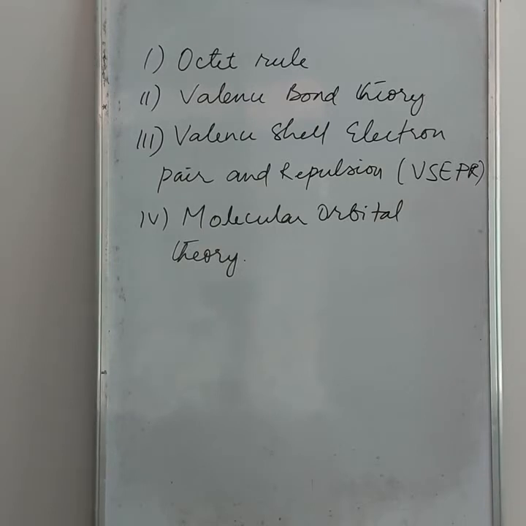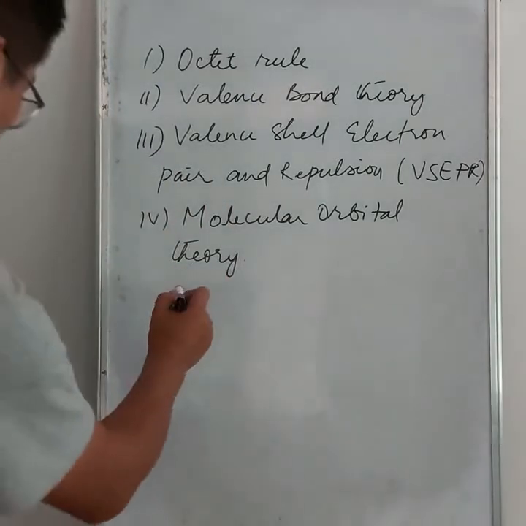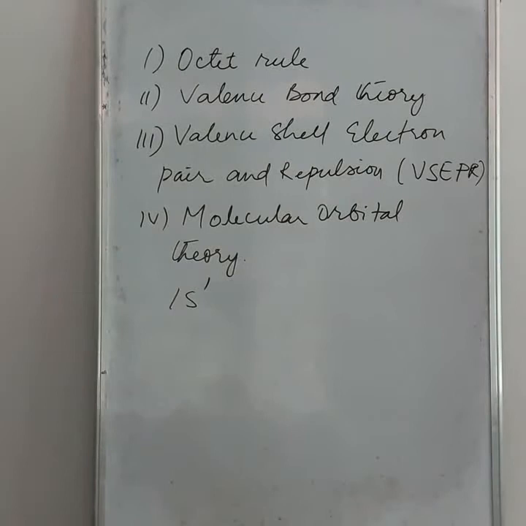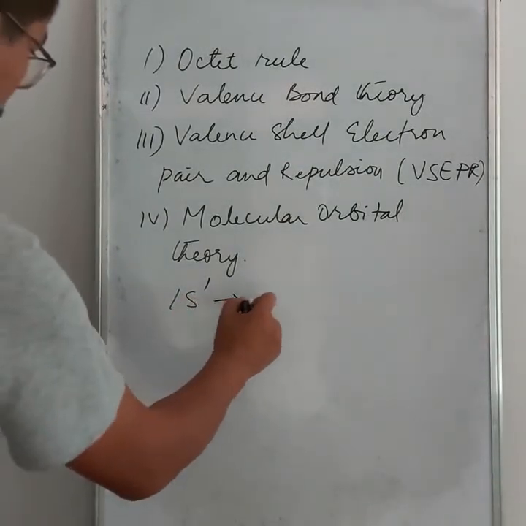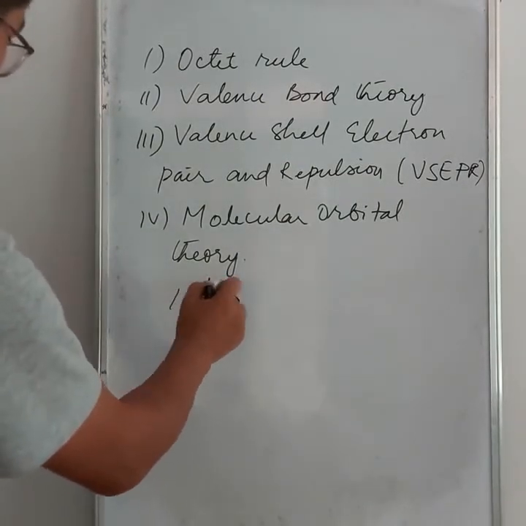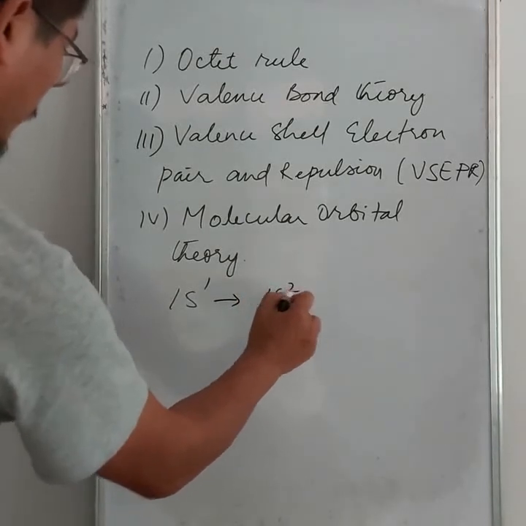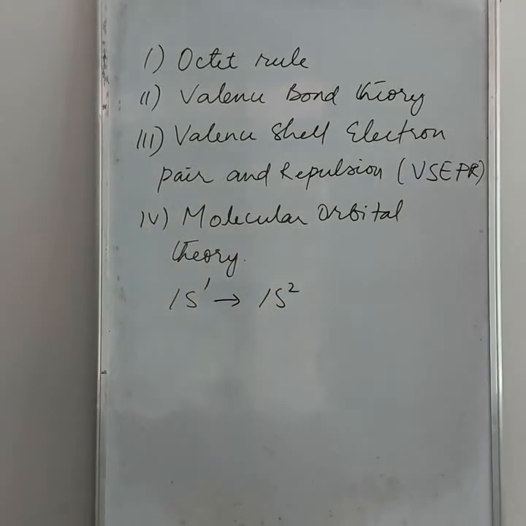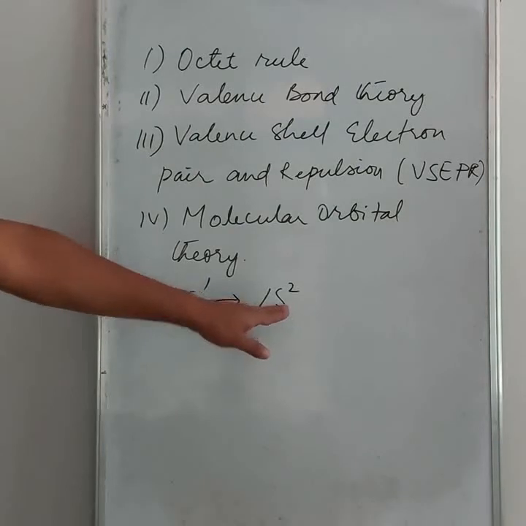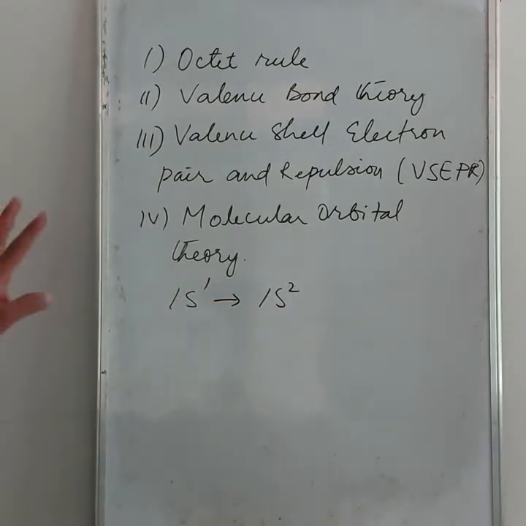Suppose, in the case of hydrogen, we have only one s orbital, with only one electron. So the octet rule means hydrogen wants to have 2 electrons in its outermost shell, to be stable.